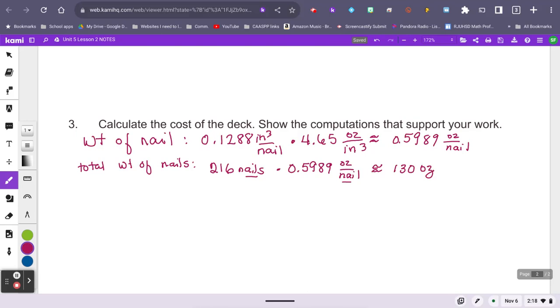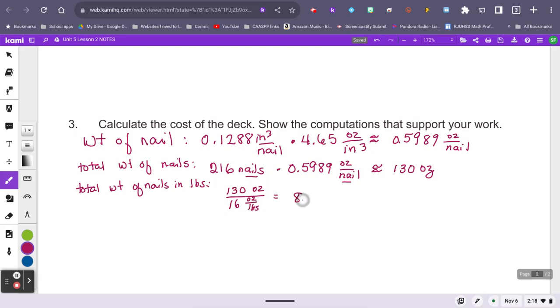Okay, now to get the total weight of nails in pounds, an abbreviation for pounds is LBS. We're going to take our 130 ounces and divide it by the 16 ounces per pound, and if you remember, that was on the first side.